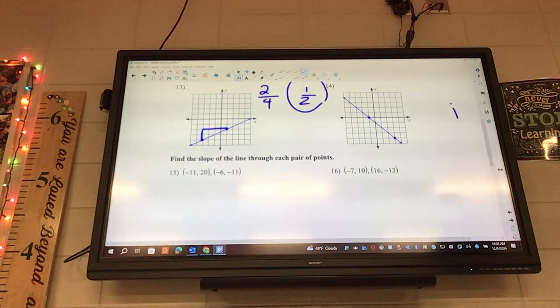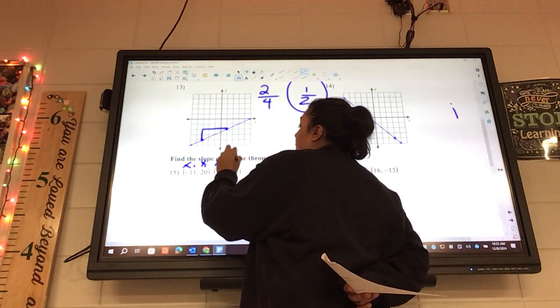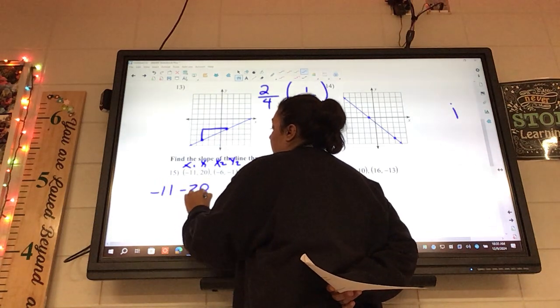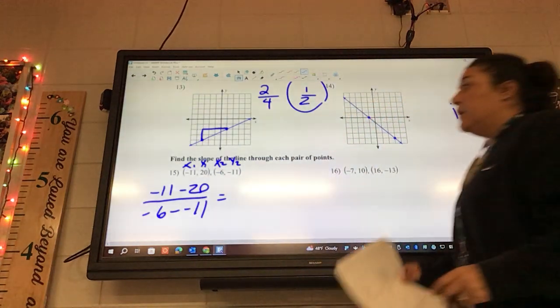Okay, 15, you're going to use that formula, y2 minus y1 over x2 minus x1. You should have it on your review 1 sheet, so we're not gonna write it all down, but it's gonna be negative 11 minus 20 over negative 6 minus negative 11.